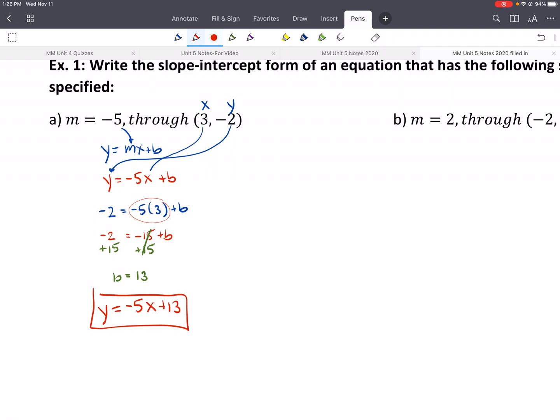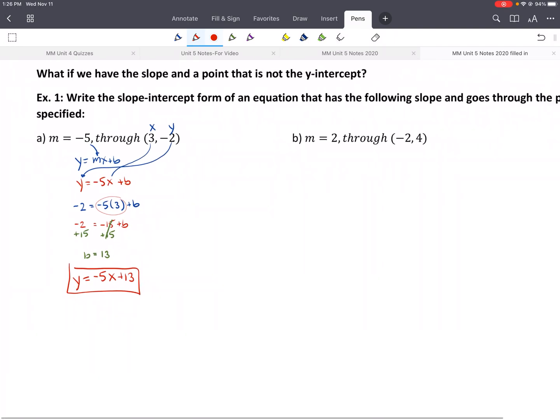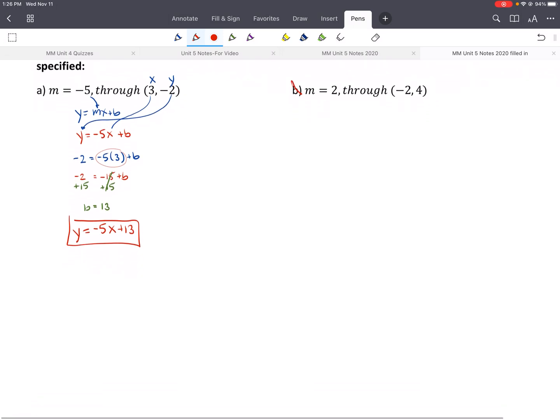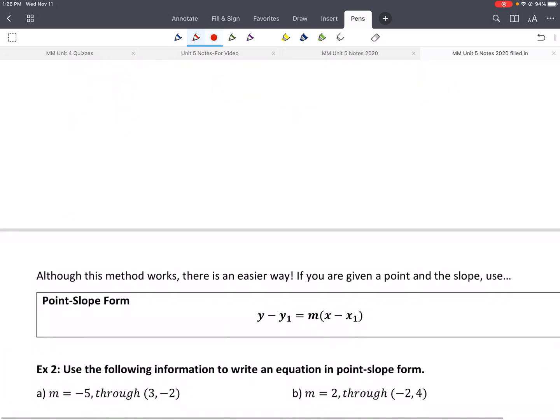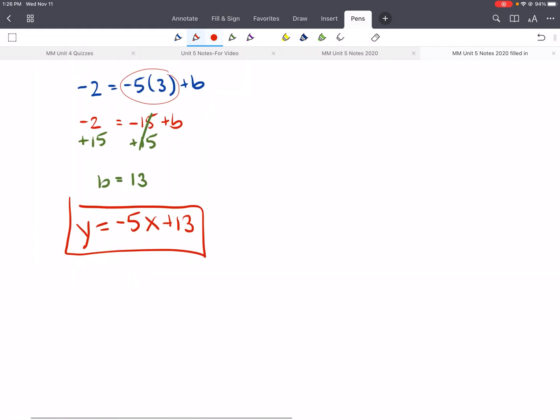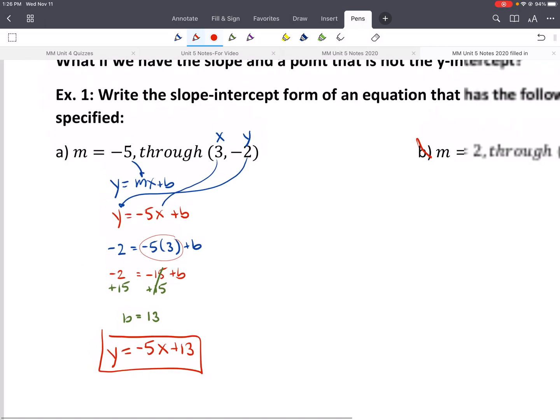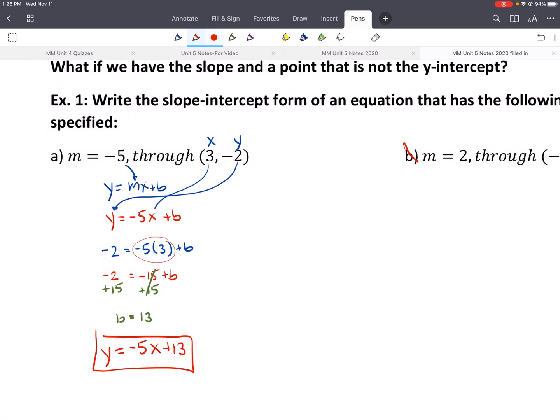All right, so we'll probably skip letter b for later, but since this is in slope-intercept form, and we're talking about point-slope form, what if there was some sort of equation or form where all they asked for was the slope and some point?